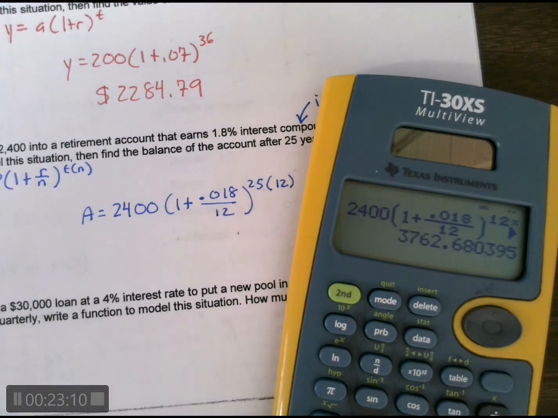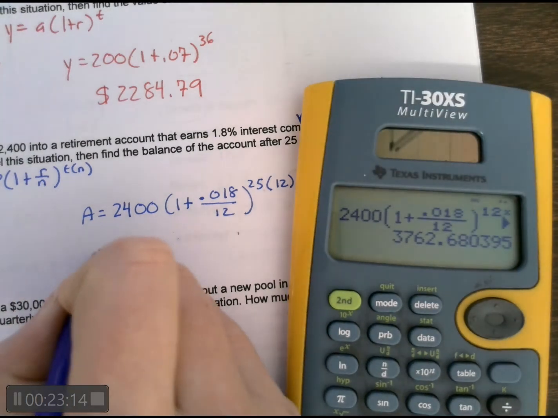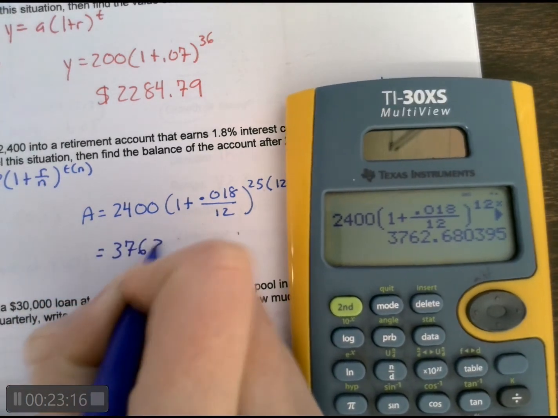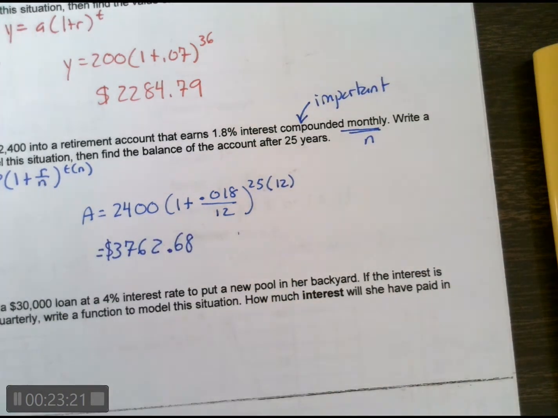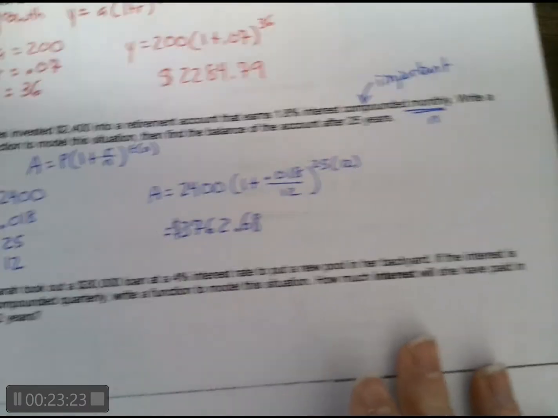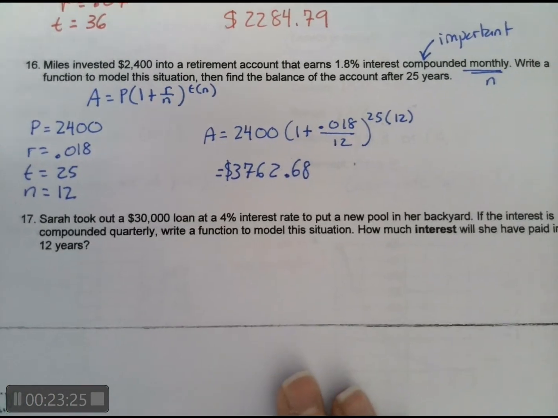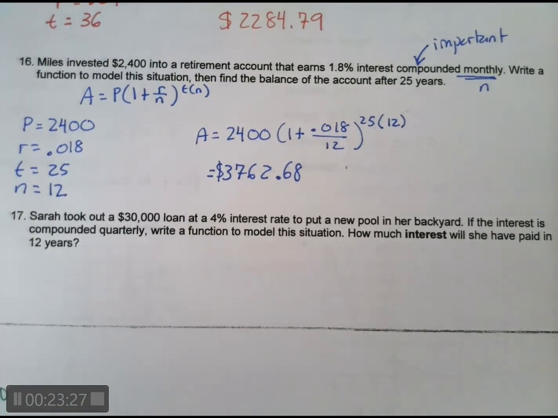And that will give us 3,762.68. Okay. And again, that's dollars. Alrighty, so now I want you guys to try 17. Okay? So you guys try 17 right now.